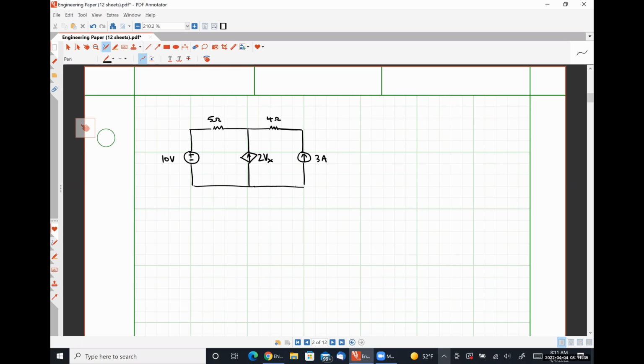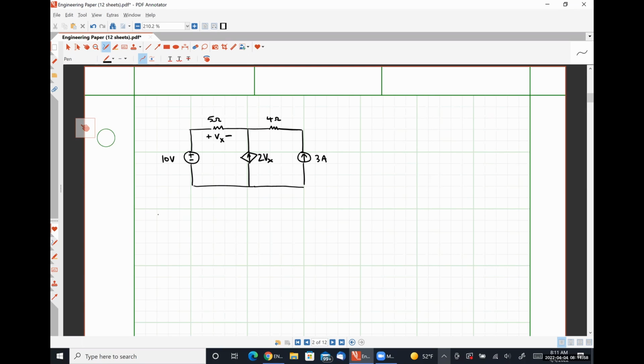And our voltage VX is this voltage, okay? And our ultimate goal here would be to try to determine the quantity VX, or the contribution of the 10 volt source to VX and the contribution of the 3 amp source to VX, okay?